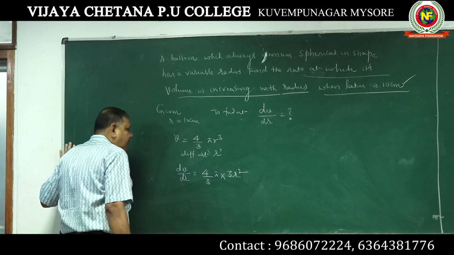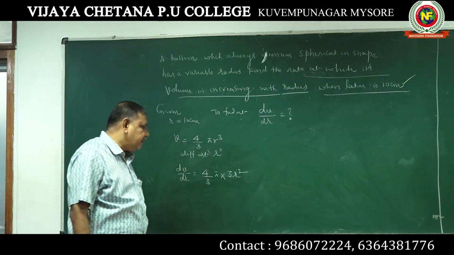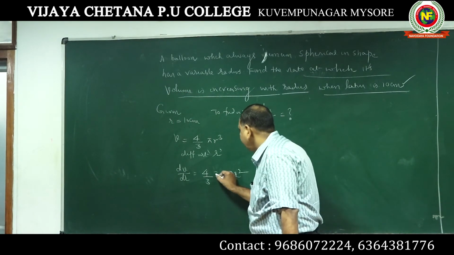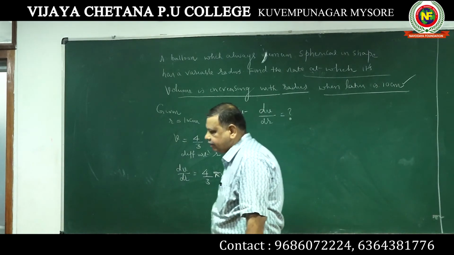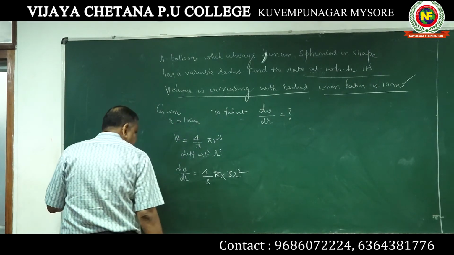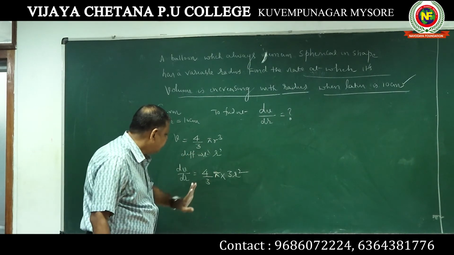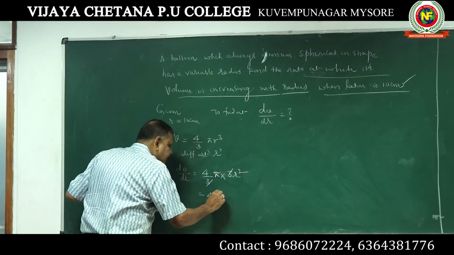With respect to r, you don't write dr by dr. With respect to time, you should write dr by dt. So it is 4 by 3 pi into 3r square. Now 3 cancelled. It is 4 pi r square.